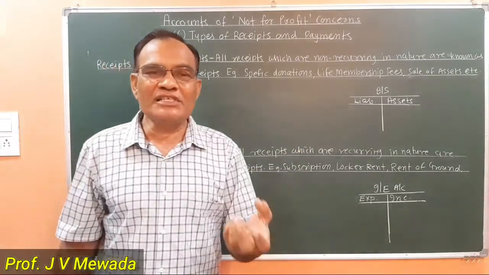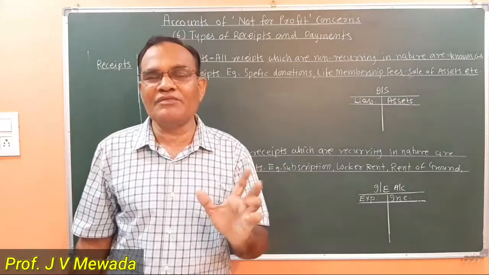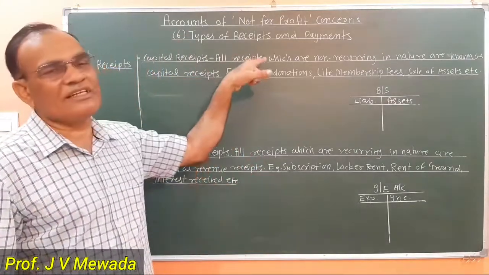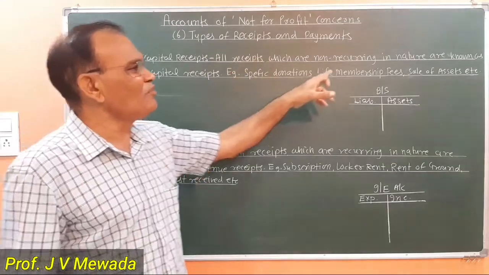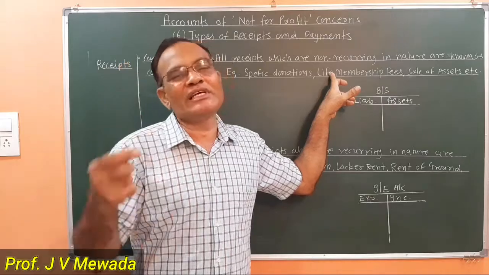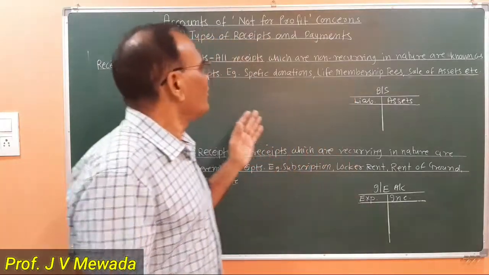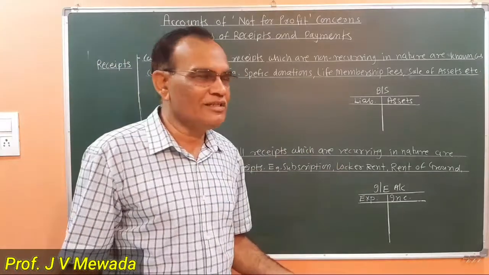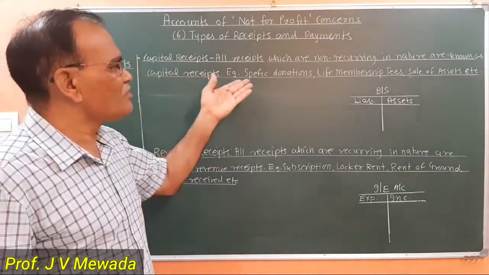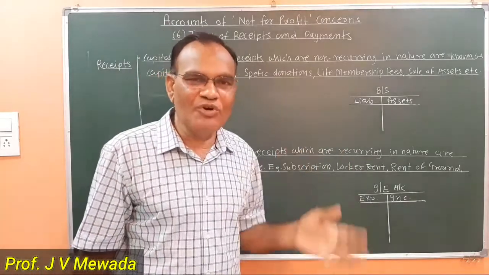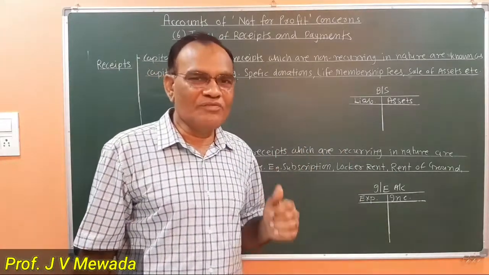So these are the specific donations that we are not receiving every day, and that is why they are known as capital receipts. Then we have life membership fees. As I told you, we are receiving once in the lifetime, so it is a capital receipt. So capital receipts are those receipts which are non-recurring in nature, and the examples are specific donations, life membership fees, sale of assets, and there are many more, but I will not confuse you.